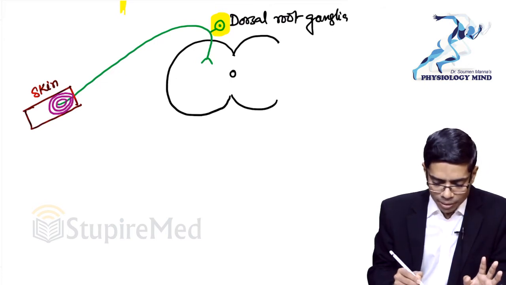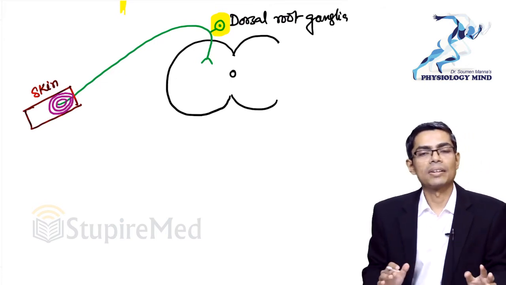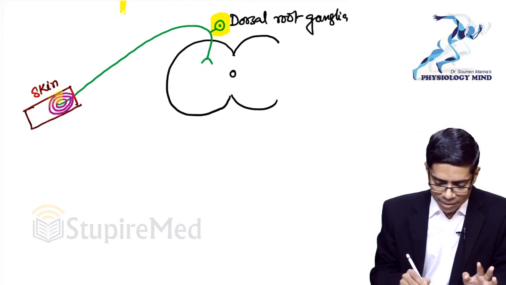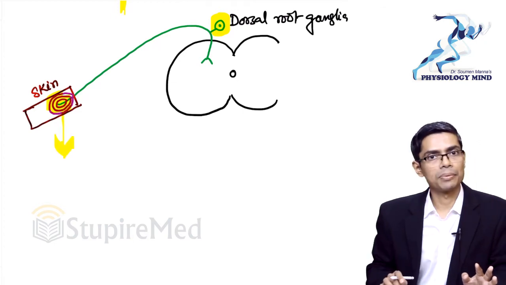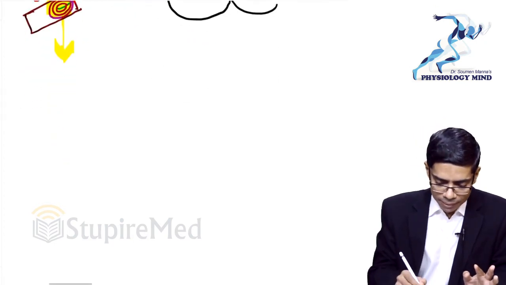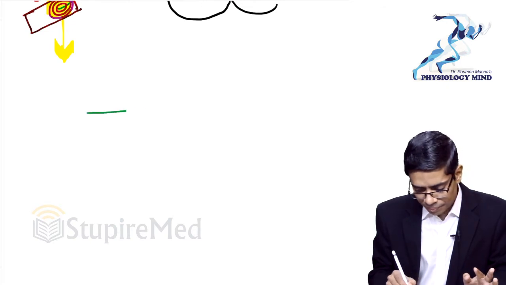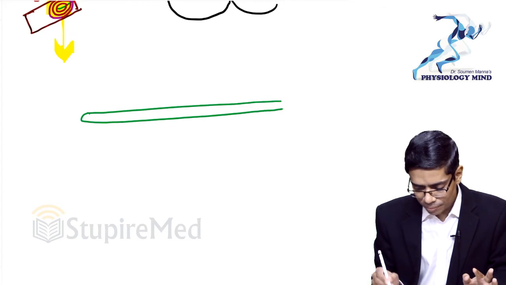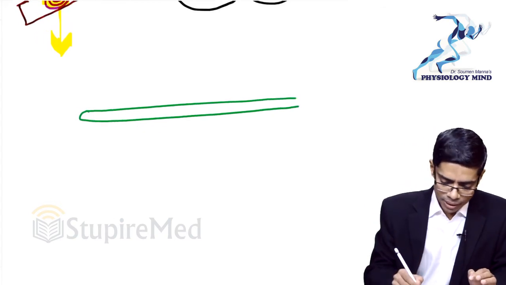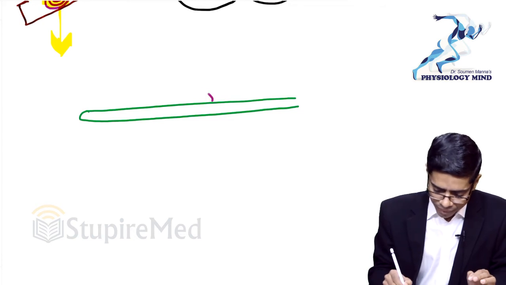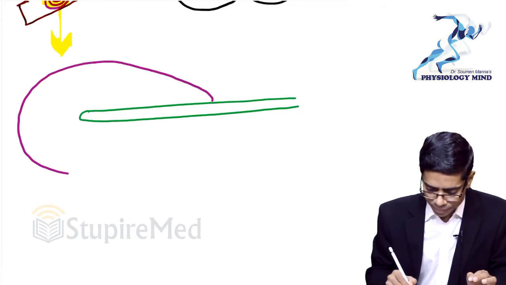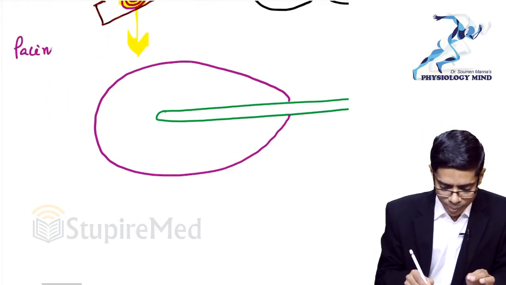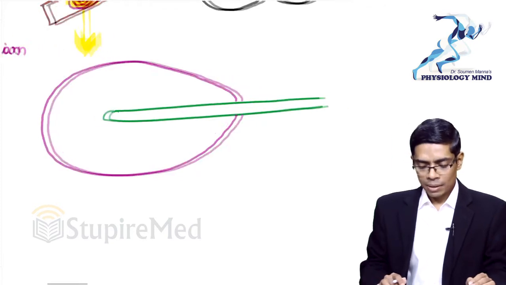There are multiple concentric ring-like layers on this receptor. Now I am magnifying this Pacinian corpuscle. So this is the neuron, and this is my Pacinian corpuscle.